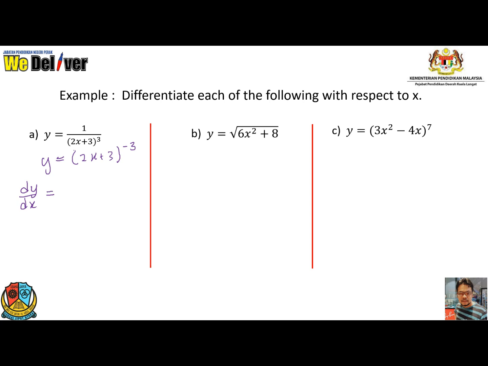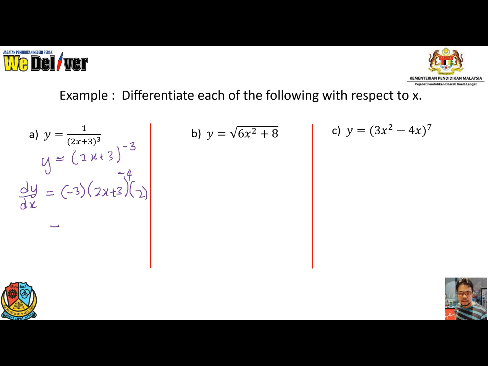equals, so differentiate outside. Outside is -3, so put -3 in front, and then copy the function inside, 2x plus 3. So the power minus 1, you get -3 minus 1, -4, and then differentiate inside the bracket. When you differentiate 2x plus 3, you get 2.